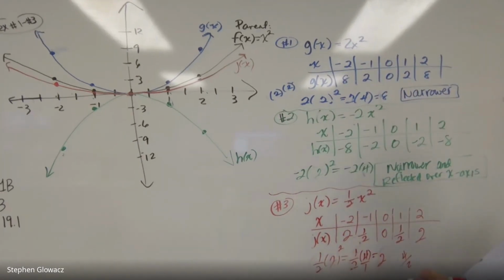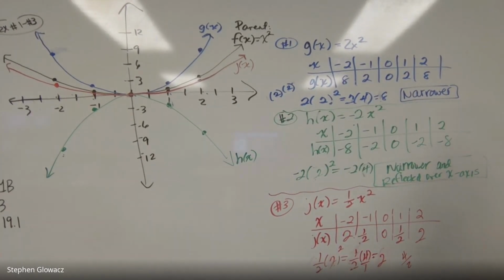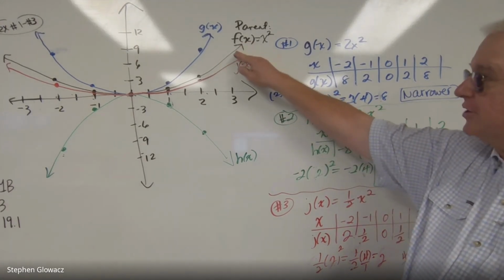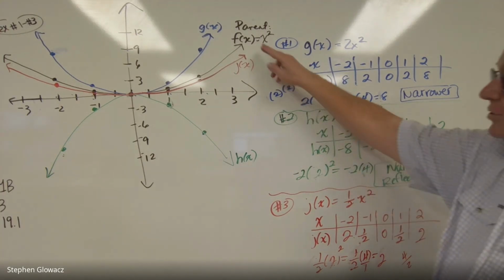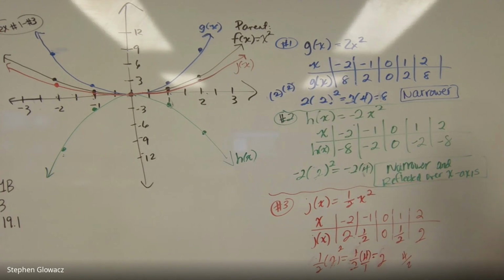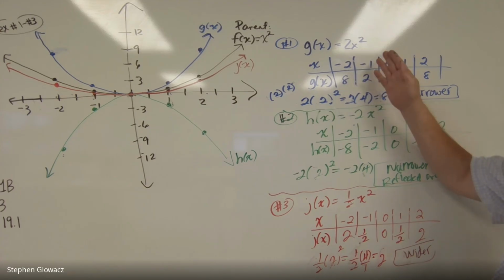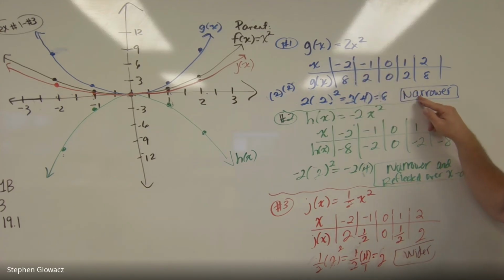All right, so how would we describe the graph of j of x as compared to our parent function f of x? So in all three cases, we're comparing these to the original parent function. Well, in this case, the graph is actually wider than the parent function. And that's a result of this 1/2 here. When the coefficient is more than 1, it's going to be more narrow or narrower.